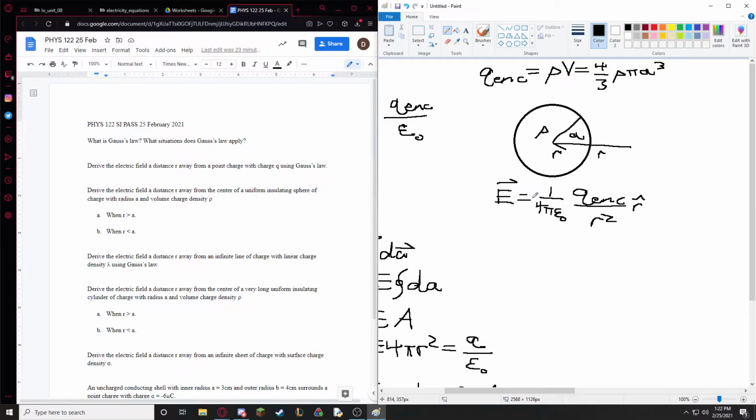So now, what if r were less than A? Let's take like 5-6 minutes and then we'll talk about it. We want to find the electric field inside our sphere of charge.